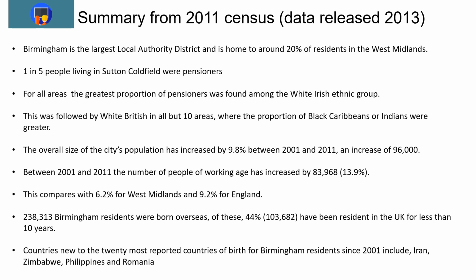For all areas, the greatest proportion of pensioners were found among the white Irish ethnic group. This was followed by white British in all but 10 areas, where the proportion of Black Caribbean or Indian were greater. The overall size of the city's population has increased by 9.8% between 2001 and 2011, an increase of 96,000.